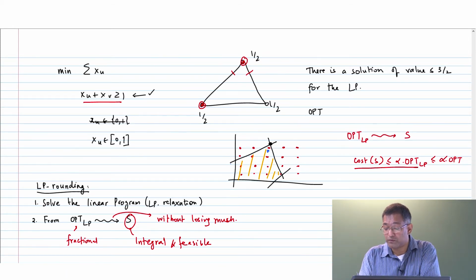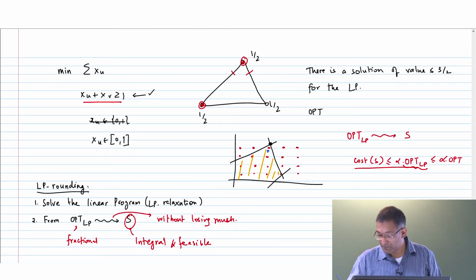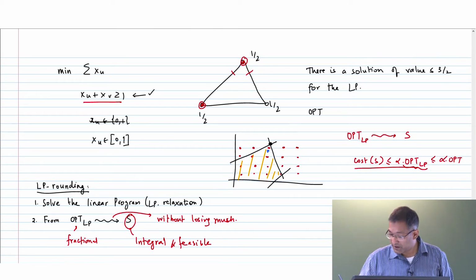We want to prove that the integer solution that you obtain from the linear program is at most alpha times the optimal solution to the linear program. Let me do it by example. Okay, it will become clear. So, let's look at the vertex cover problem.